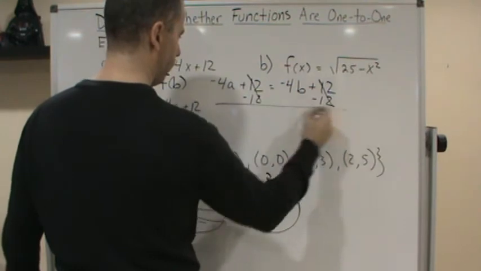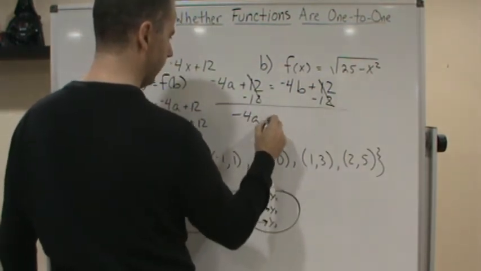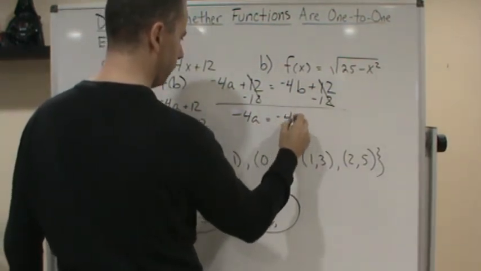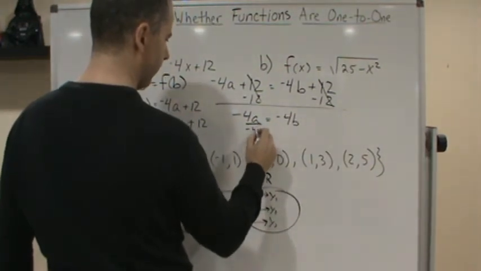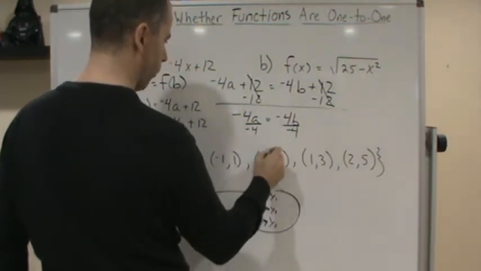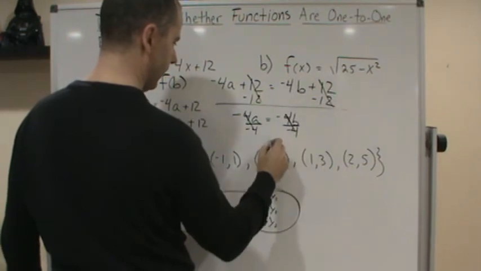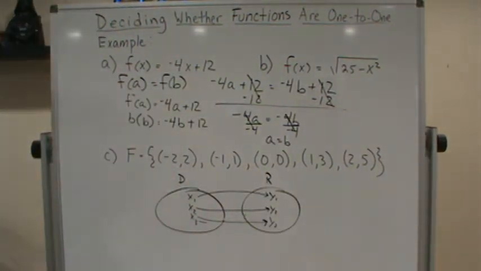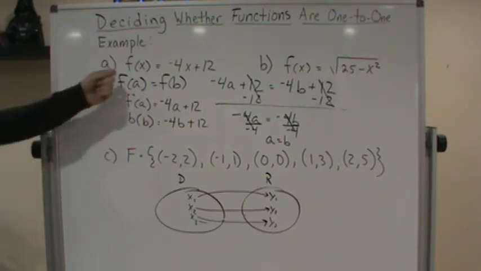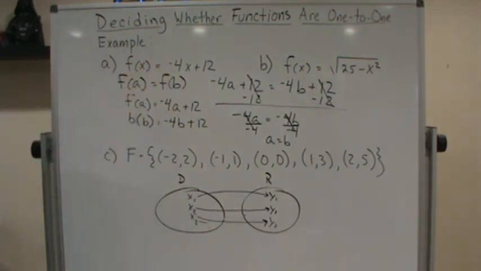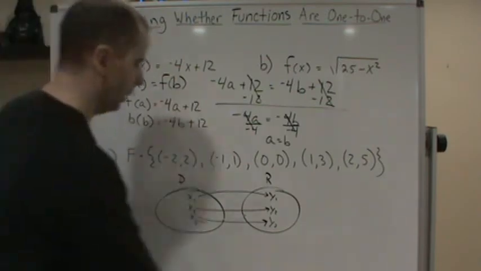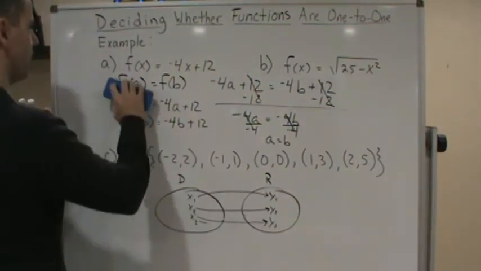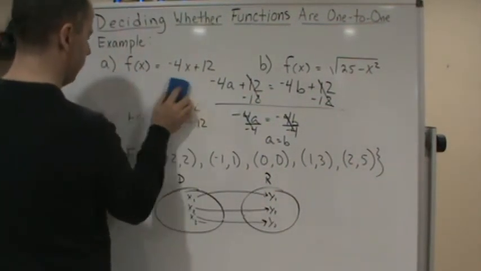And I'm going to end up with negative 4A equals negative 4B. And then, of course, if I divide both sides by negative 4, I get A equals B, and I'm done. So by using the definition of a one-to-one function, we just proved that this function, negative 4x plus 12, is one-to-one. Okay? Now, let's check for B.